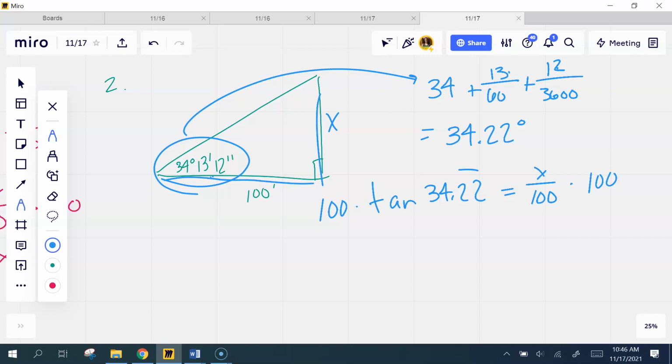All right, so this would go in my calculator, making sure I'm in degrees. And if you put that in your calculator, you should get that it is approximately 68 feet. Is that right? Nobody's answering me.